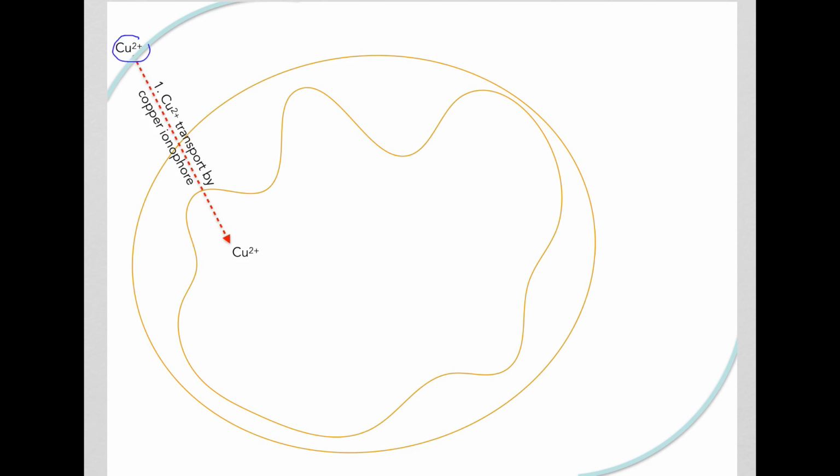The Cu2+ can cross the plasma membrane without any transport protein if it's chelated to certain chemicals, what we call ionophores. So when the copper is chelated to certain chemicals, the whole complex can enter the cytoplasm and eventually be transported into the mitochondria.